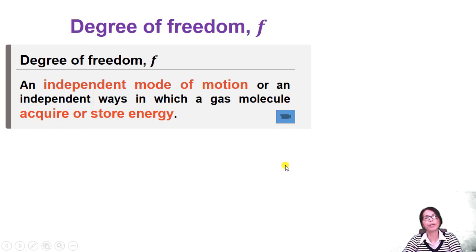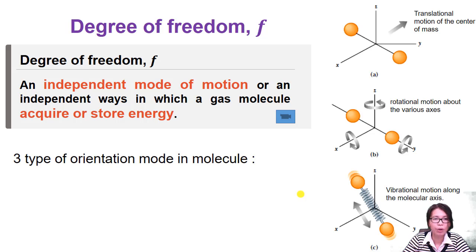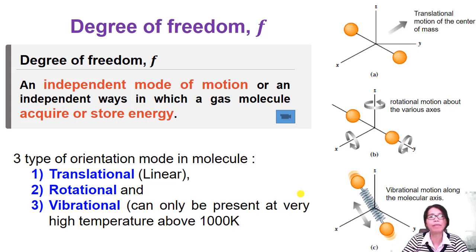So class, through the video we can see there are 3 types of motion in molecules: translational, or linear, second rotational, and the third vibrational. But the vibrational mode of motion can only be present at a very high temperature, above 1000 Kelvin.